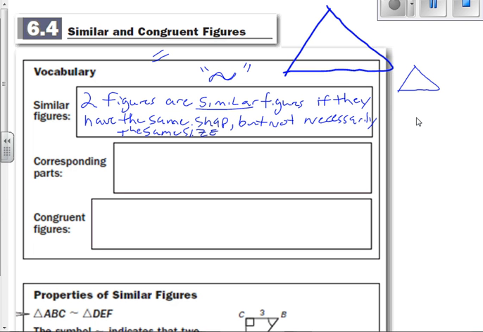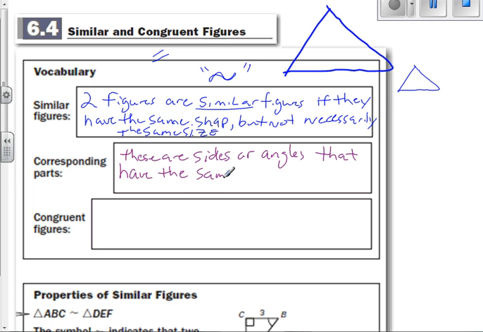So now, let's look at corresponding parts, and I'll use those same two figures that I did. So, corresponding parts of figures are sides or angles that have the same relative position.